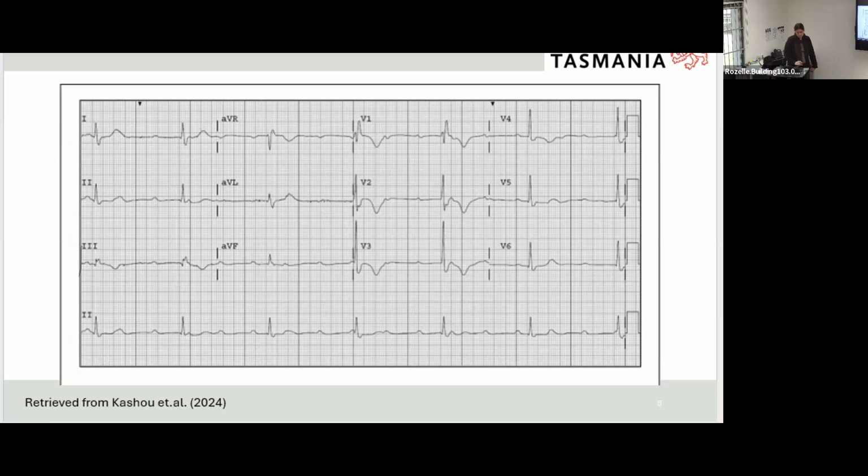So in summary, we're coming up with our overall pattern of how we're going to describe this ECG. Does anyone want to put it all together?